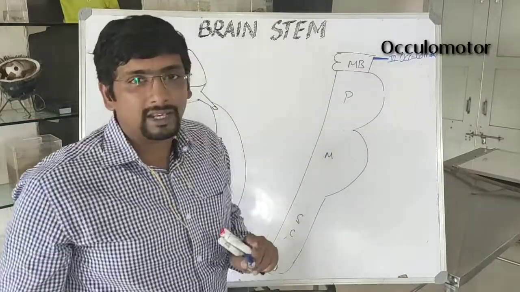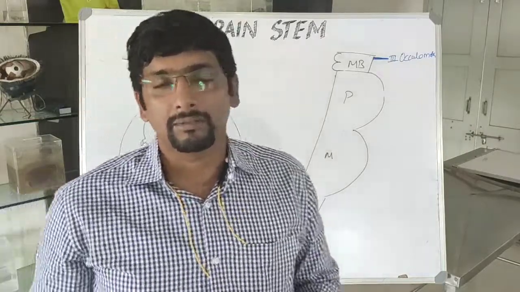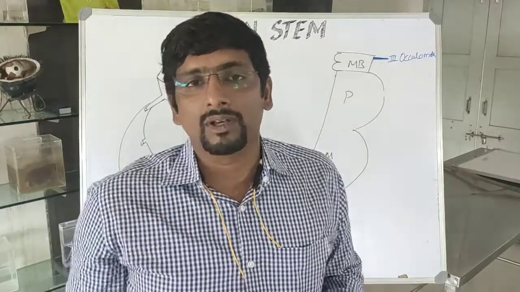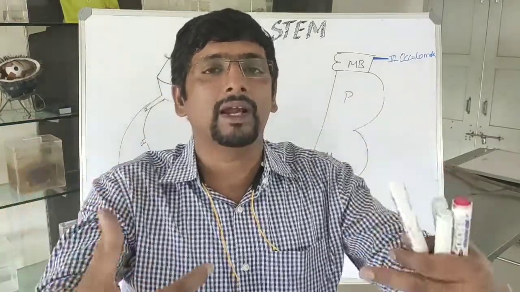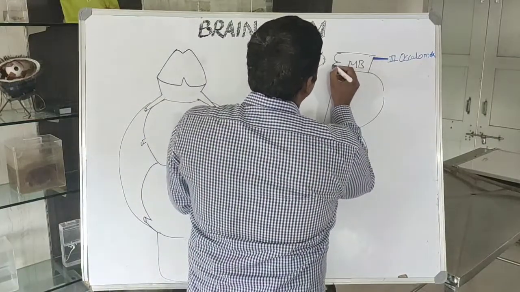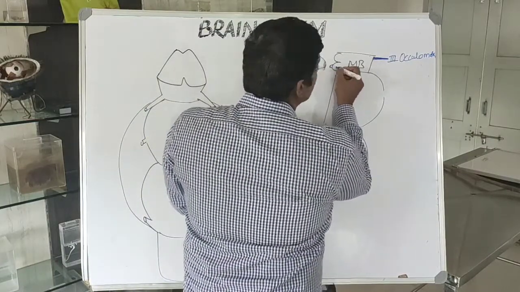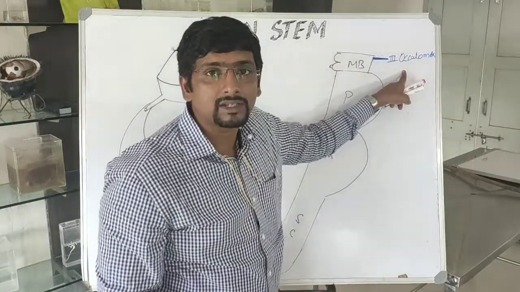And the fourth cranial nerve is the only cranial nerve among these 12 which arises on the posterior side of the brainstem and comes anteriorly, right? So the fourth cranial nerve arises at the level of the inferior colliculi and comes towards the anterior side.